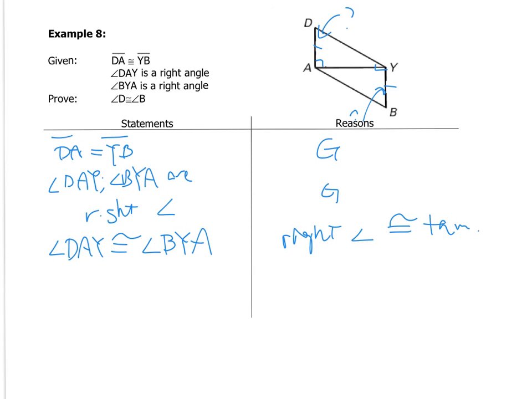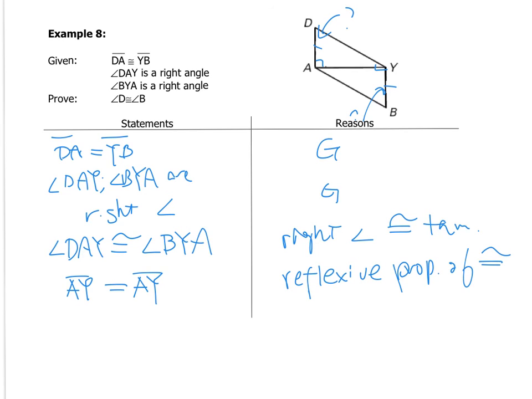So now we've got a side and an angle. And obviously, AY is congruent to AY itself, and that's the reflexive property of congruence. So now we've got two sides and an angle, with the angle being sandwiched in between.